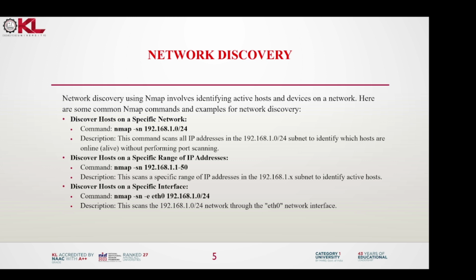Next, we can identify the systems that are active in the network by providing the IP addresses of a particular range. So in this example, 192.168.1 is common. This IP address is common.